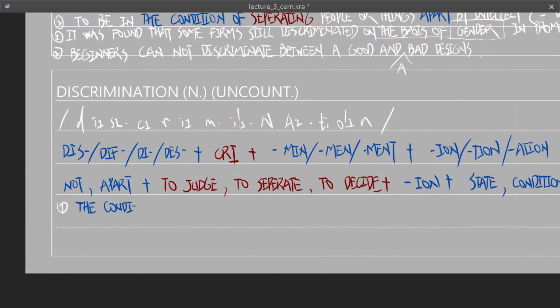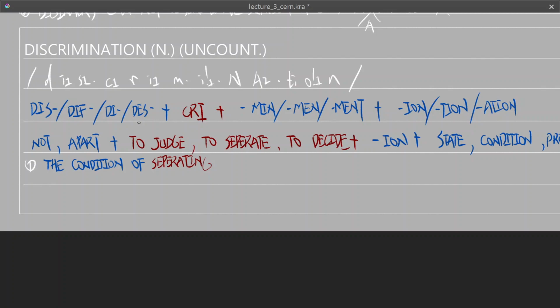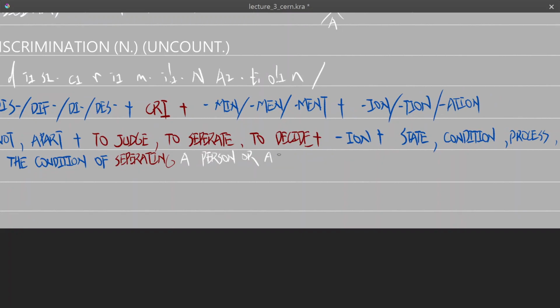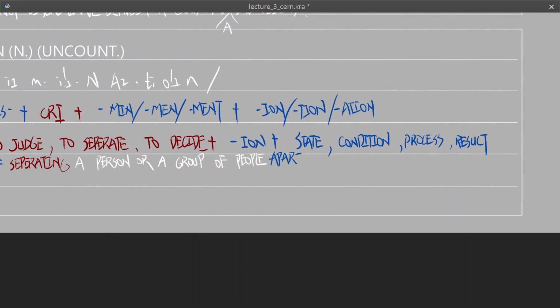The condition of separating a person or a group of people unfairly.